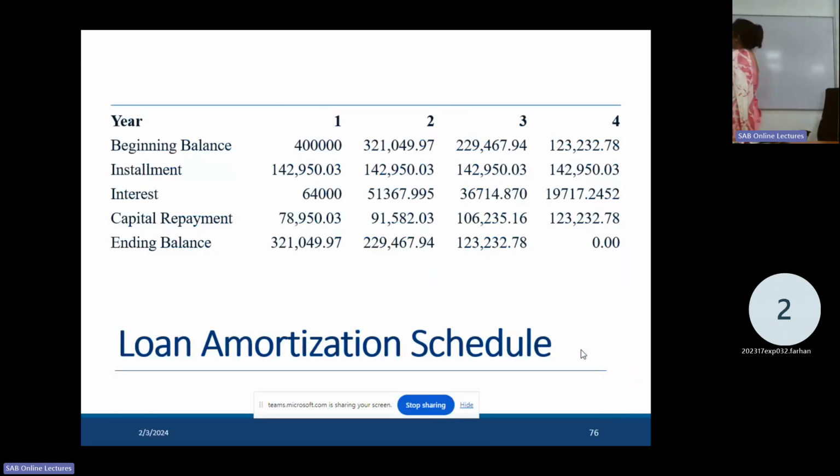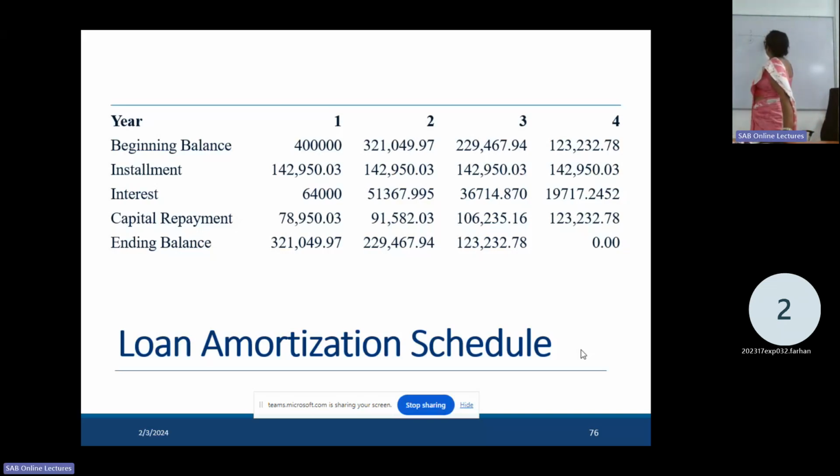Now if I apply the formula to calculate the loan outstanding balance at the end of year 3, this is our timeline here. A 4-year loan: 1, 2, 3, 4. I want to identify the loan outstanding balance at the end of year 3.